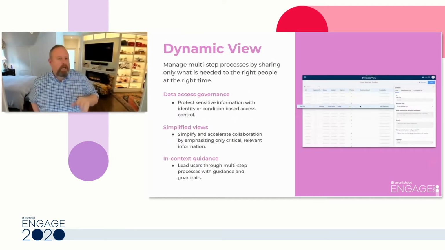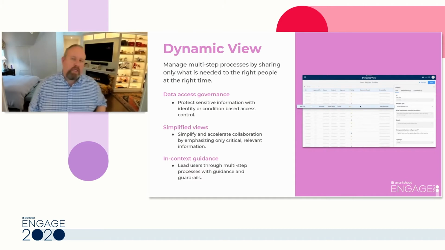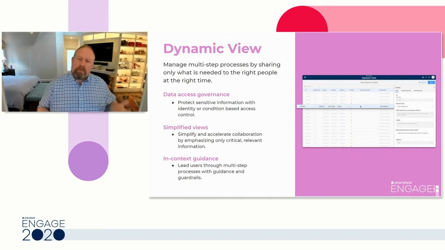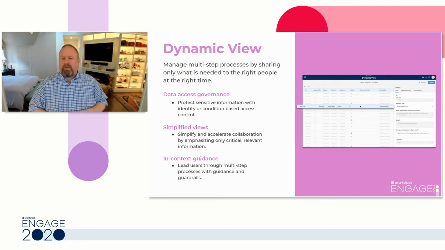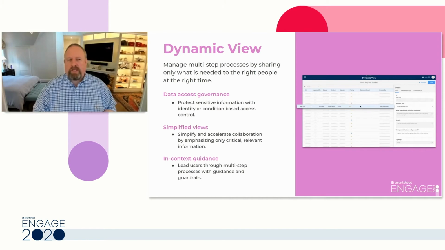But I also want to talk about another key capability of Smartsheet that is a great pairing with WorkApps, and that's Dynamic View. And we launched Dynamic View over a year ago, and we've been amazed at how customers have taken it up and started to do some really powerful things with it.